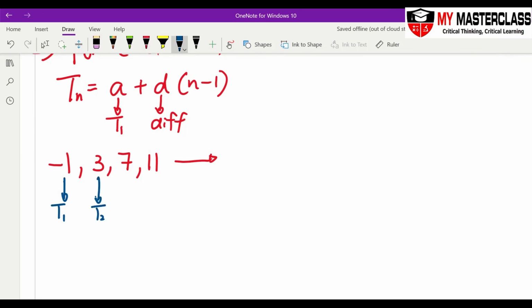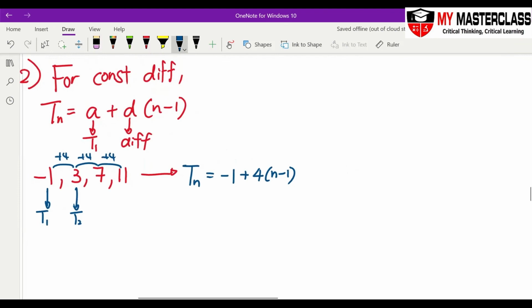From -1 to 3, the difference is +4, +4, +4. So the Tn formula for this sequence is equal to -1 plus the difference 4, then bracket n minus 1. Most common one, constant difference. Once the difference is constant, immediately apply this.